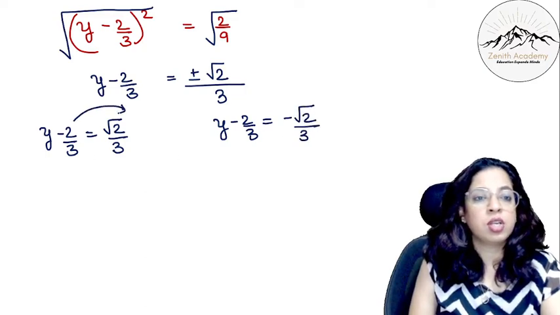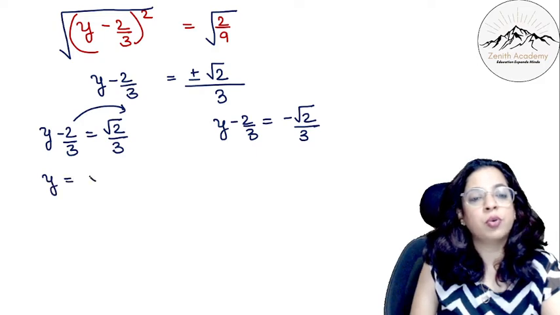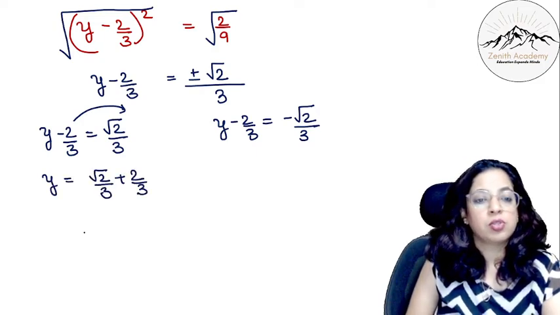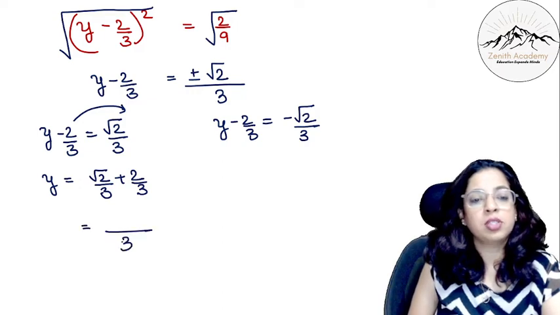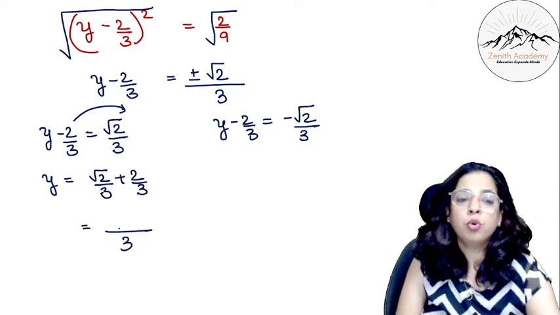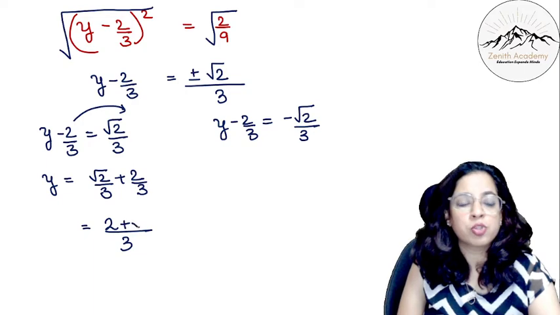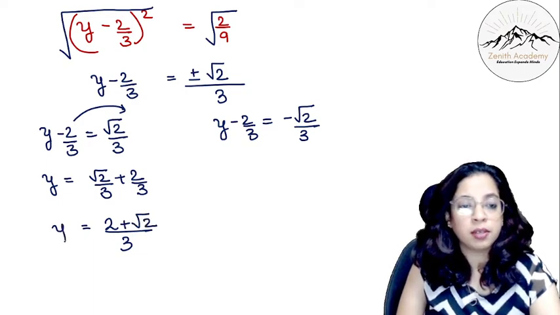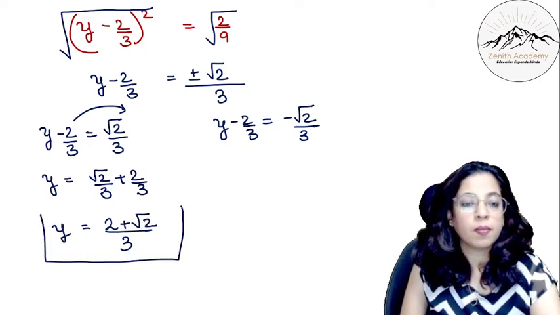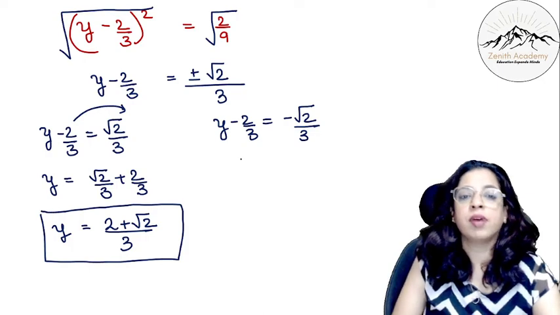So take this on the other side. So y is equal to root 2 by 3 plus 2 by 3. So 3 is the common denominator. So here I will get root 2 plus 2, or you can write 2 plus root 2. Anything. So this is your y.